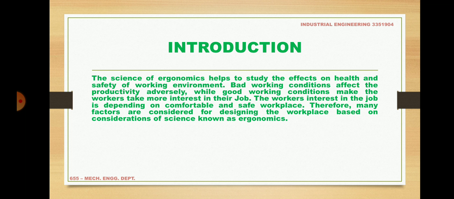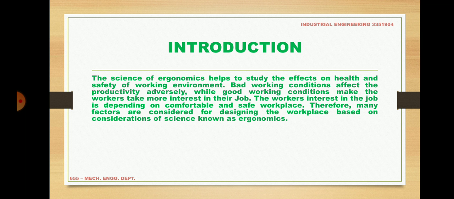While good working condition makes the workers take more interest in their job. If we provide better atmosphere, better light, reduce the noise level, the person can do their job very effectively and very enthusiastically.